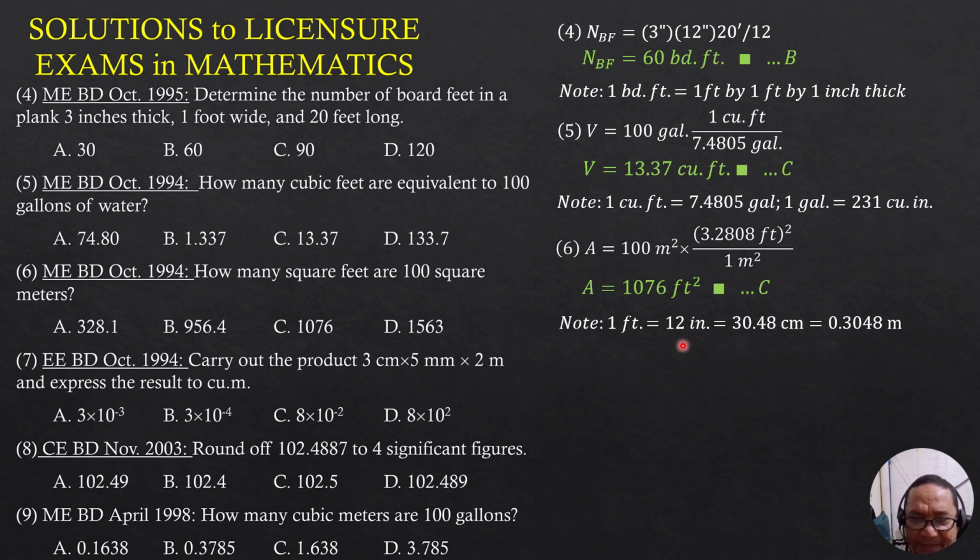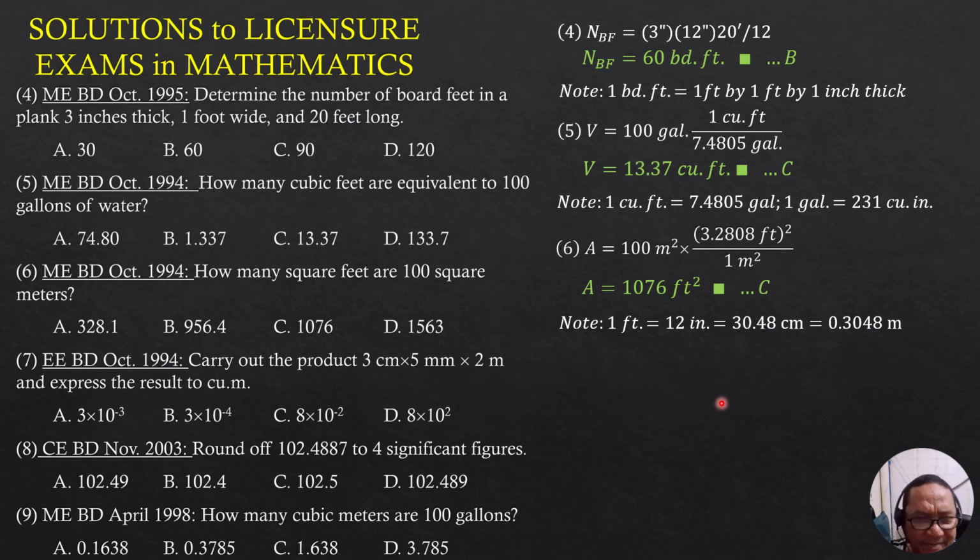So 1 foot is 12 inches, and 12 inches times 2.54 centimeters per inch is 30.48 centimeters, and it is also 0.3048 meters. So we can also write here 100 square meters times 1 foot over 0.3048 meter, then the quantity squared. You will get 1,076 square feet as the answer.